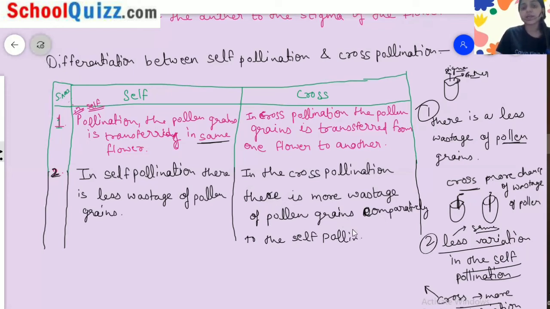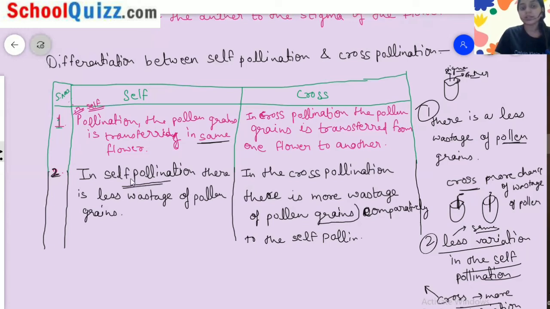Okay, so why are we writing like this? If you write only till here, that in the cross pollination there is more wastage of the pollen grains, then it is a question like how much more wastage? So there is wastage in comparison to the self pollination.